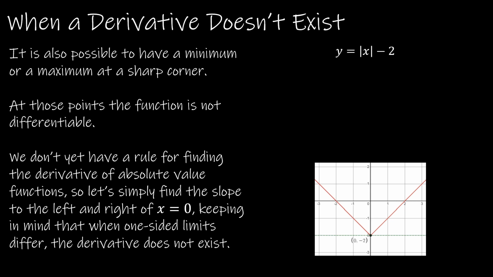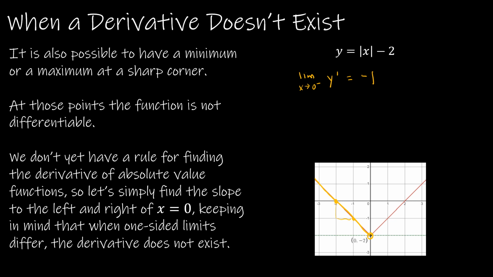So I'm going to find the limit as x approaches 0 from the left of y prime. So essentially I'm saying, as I'm coming to this point from the left-hand side, what is the slope of this line? Well, the slope of that line I can find very easily: I go down 1 and go over 1. So that's a slope of -1.